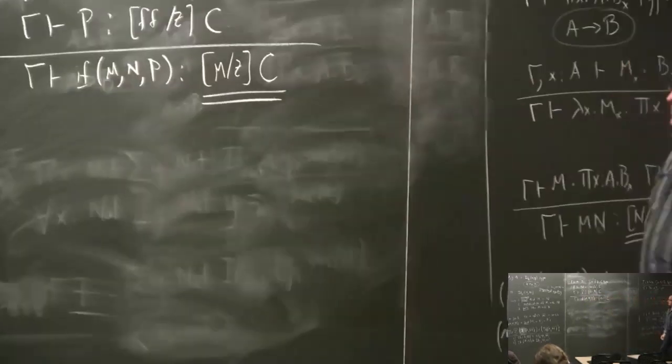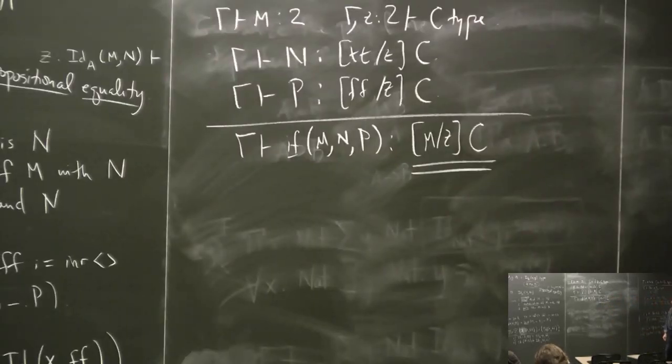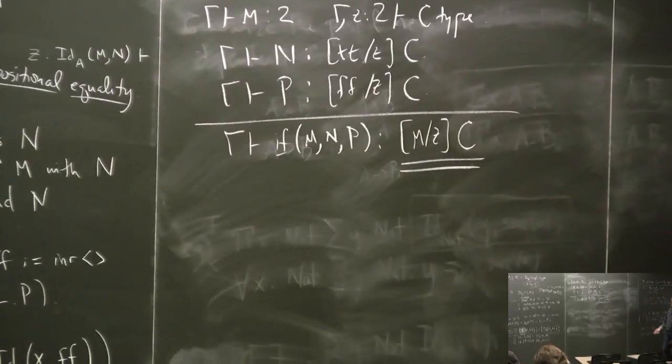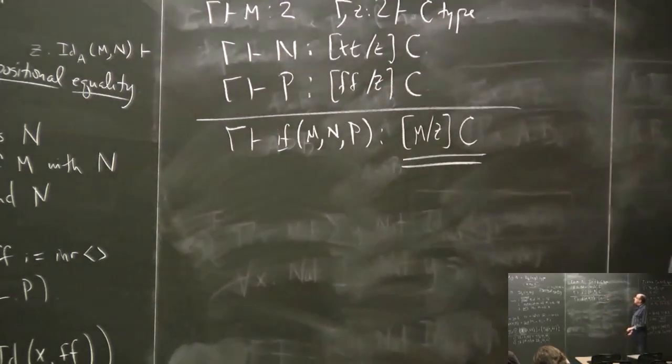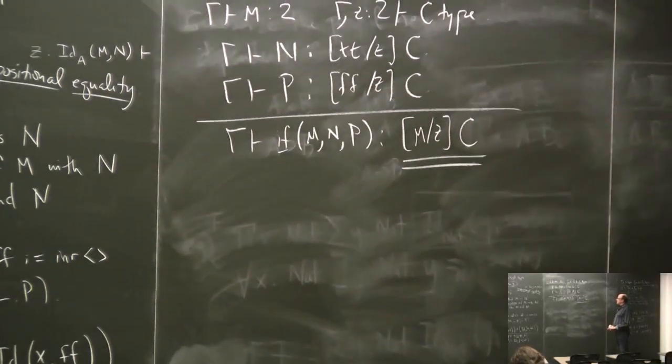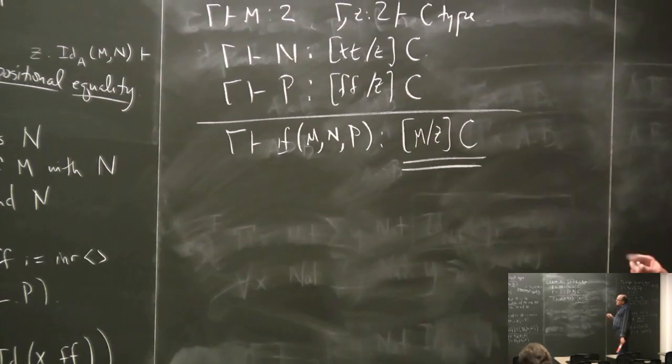That's the interesting thing, okay? That's what you get when you specialize the sum to the Booleans, as I've described here: you get this as the elimination form.